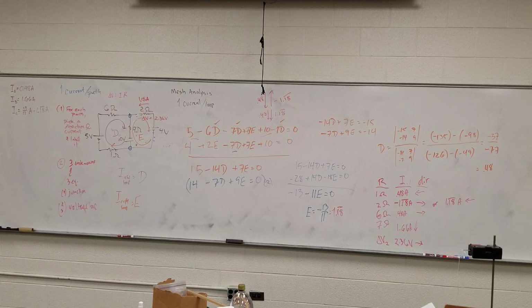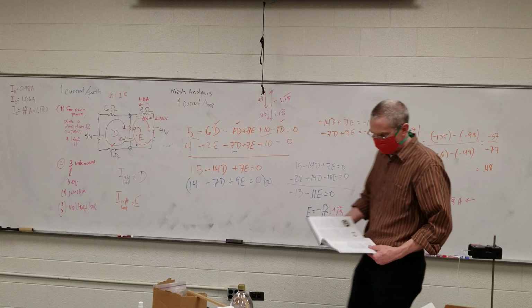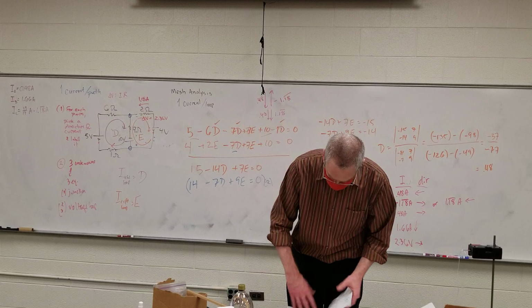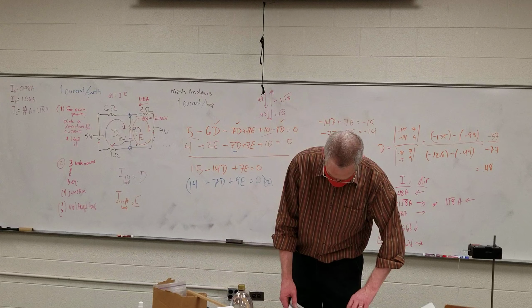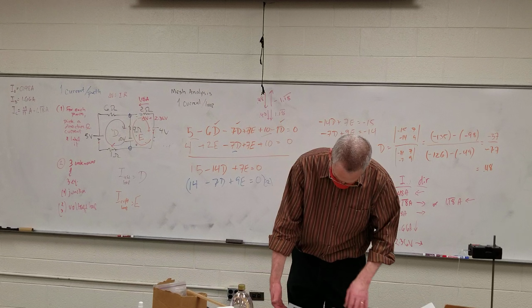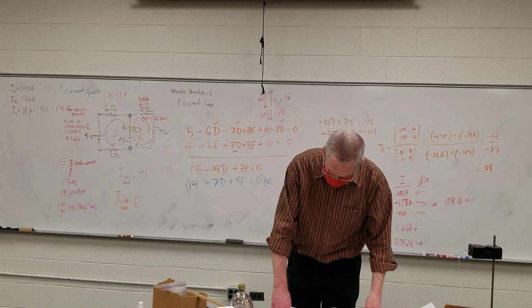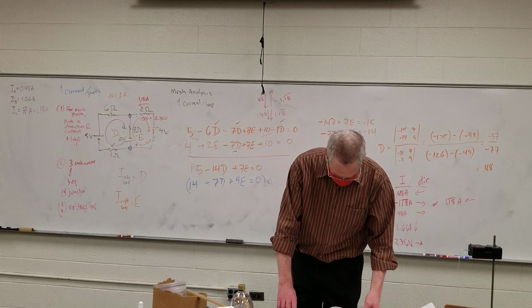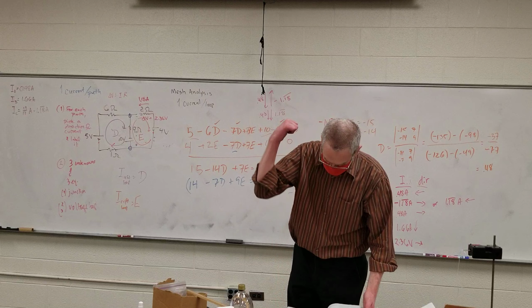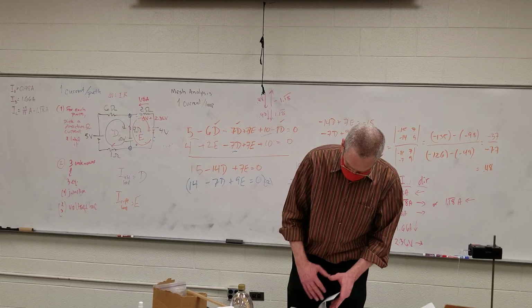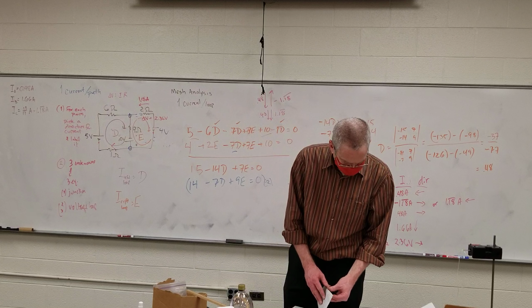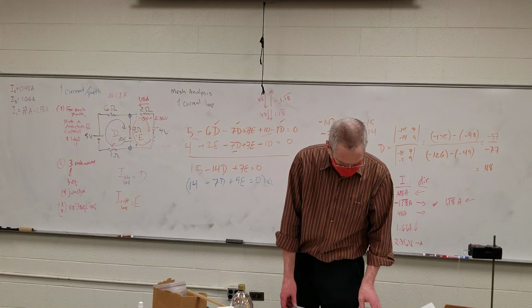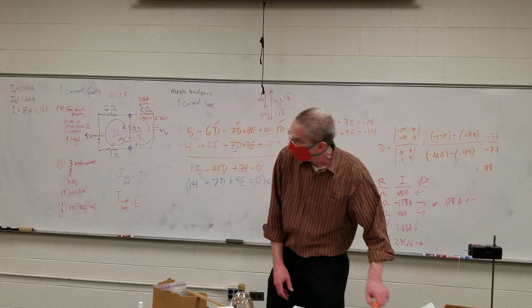All right, so 27 was the capacitors. 28 was the current and resistance, Ohm's law, and then 29, this is 29. So we basically finished the material. Here's my proposal. So 27, 28, 29.